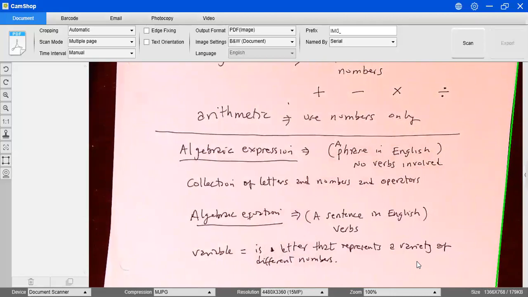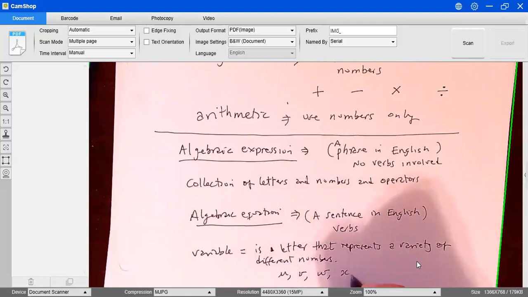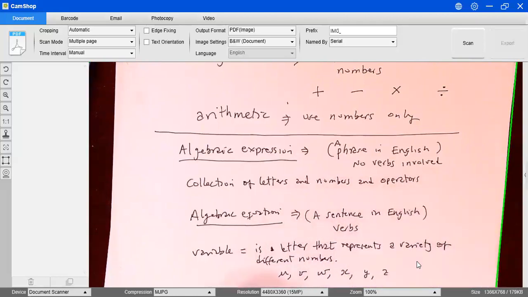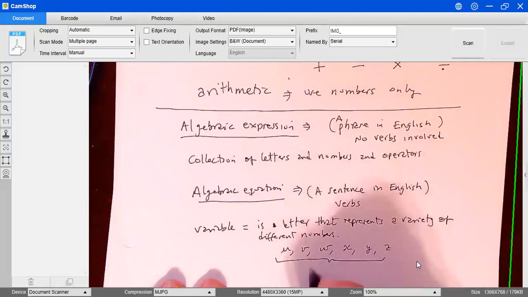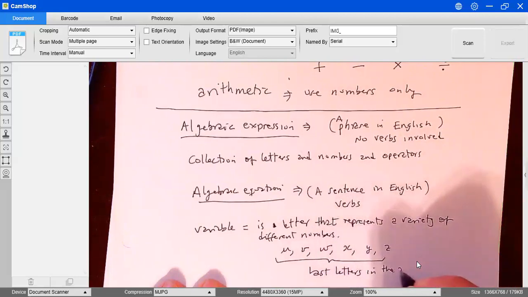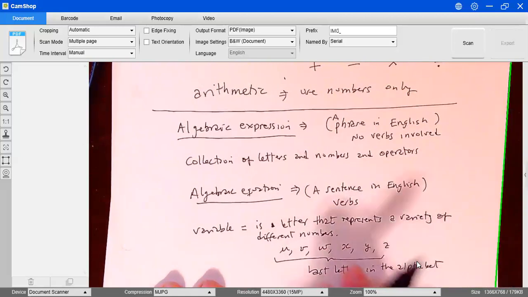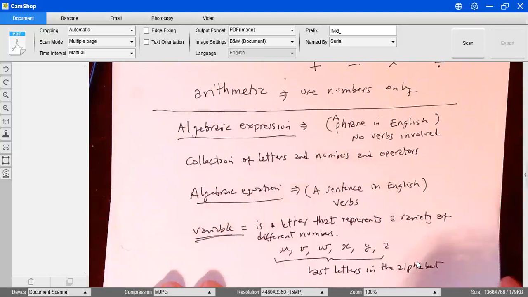We usually use the last letters in the alphabet. So let's say the last letters in the alphabet are like, for example, U, V, W, X, Y, and Z. The last letters in the alphabet are used to represent that variety of different numbers. So we use the last letters in the alphabet to represent variables.